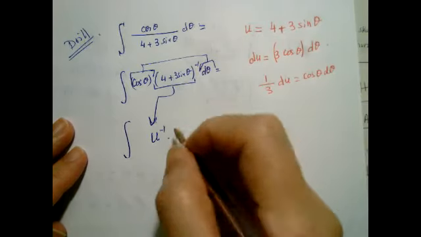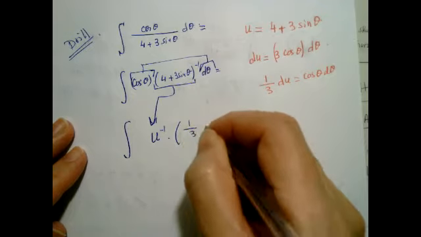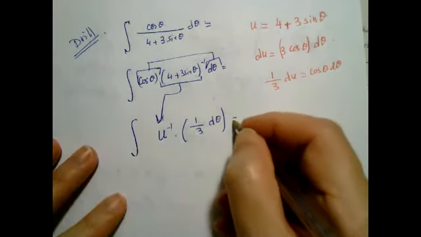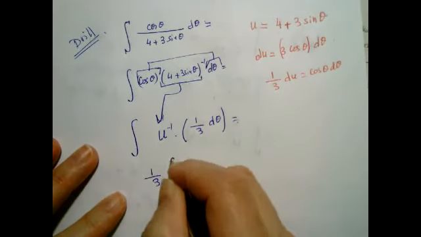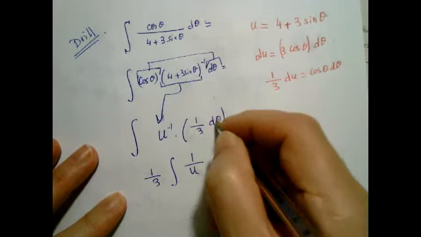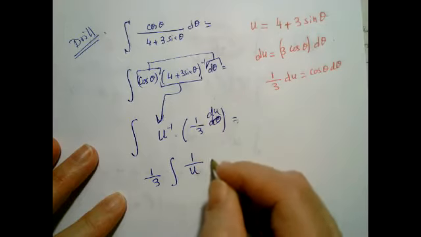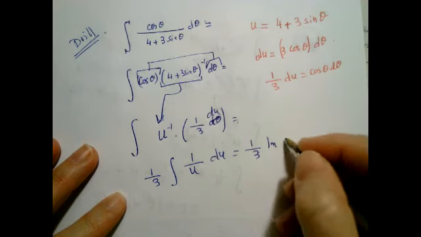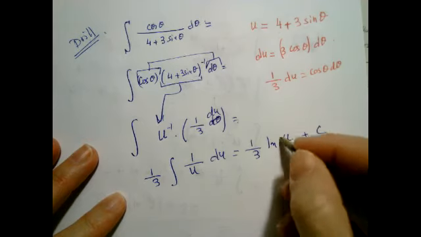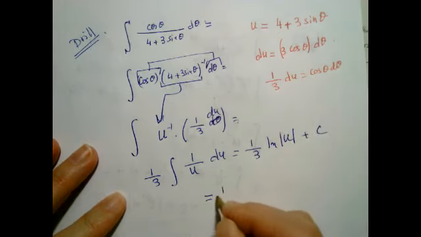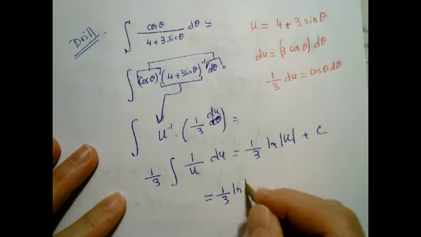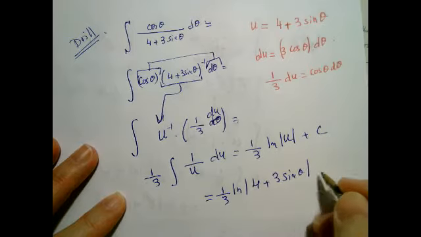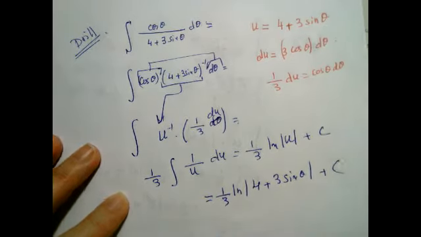So this would become 1/3 du. And now we do what we did. It's a third, 1 over u du, 1/3 ln of u plus c. It's 1/3 ln of 4 plus 3 sine theta plus a constant.